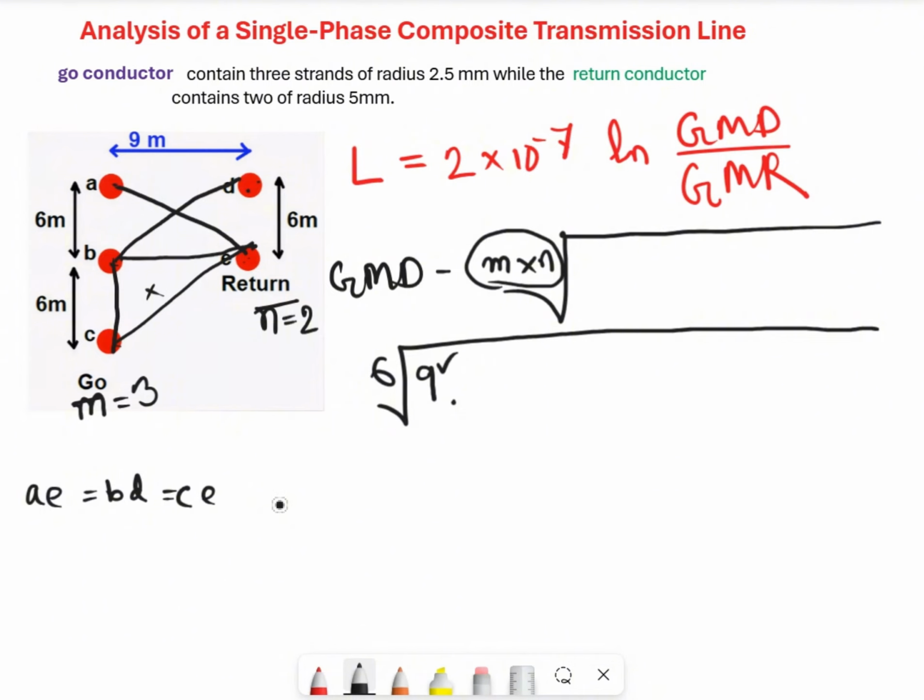So the distance of CE, the hypotenuse, is equal to square root of BC square plus BE square, which is 9 square plus 6 square. So we'll find the distance of 10.81 meter.